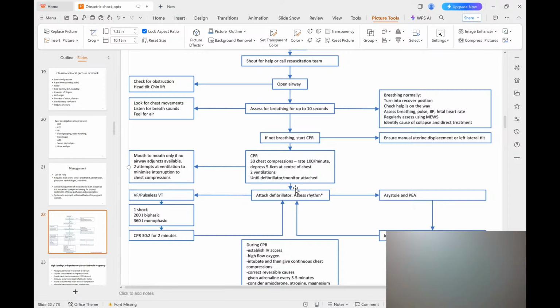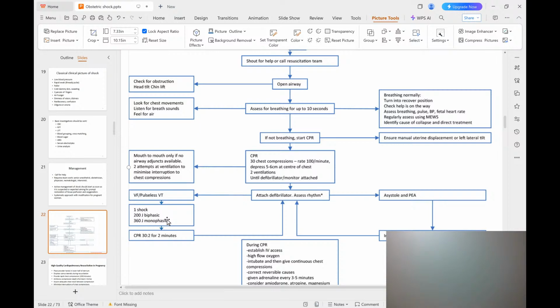It will assess the rhythm, and if there is asystole or pulseless electrical activity, then a shock is not given. So only CPR at 30:2 for 2 minutes, and if there is ventricular fibrillation or pulseless ventricular tachycardia, then a shock is given. One shock with 200 joules biphasic or 360 joules monophasic, and again CPR is resumed at 30:2.